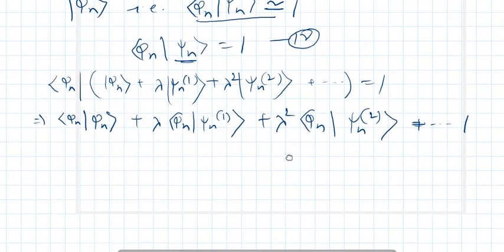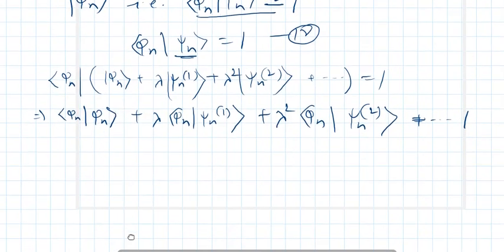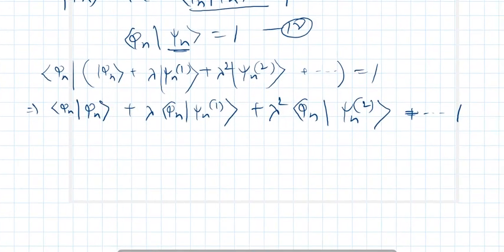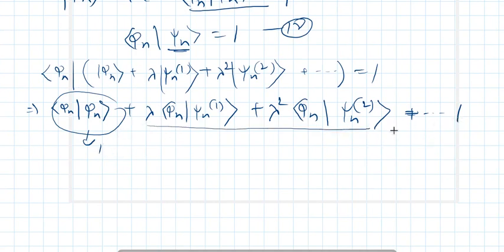But as we know from the normalization condition, this is always equal to 1, right? So 1 plus some other thing is always equal to 1, and this is possible if and only if the rest of the terms containing lambda become 0, right?